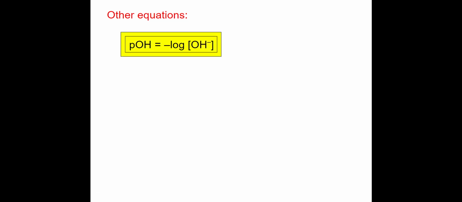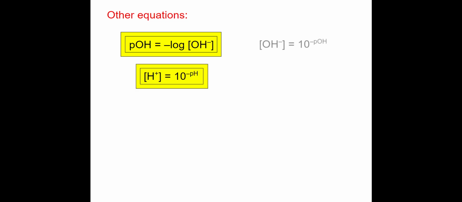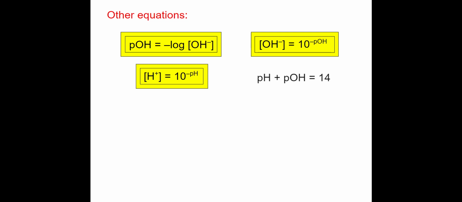Other equations that will be useful: I can find the pOH by doing the negative log of the OH concentration, and I can go back from the pH to the H concentration. If I want to find the H concentration, I can do 10 to the negative pH. If I want to find the OH concentration, I can do 10 to the negative pOH. I always want to know that the pH plus the pOH is always going to be equal to 14.